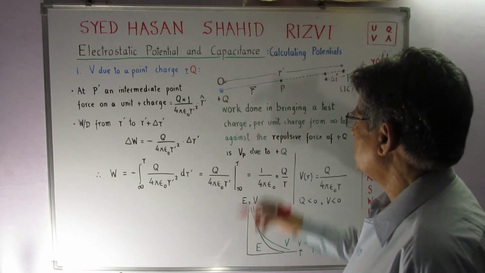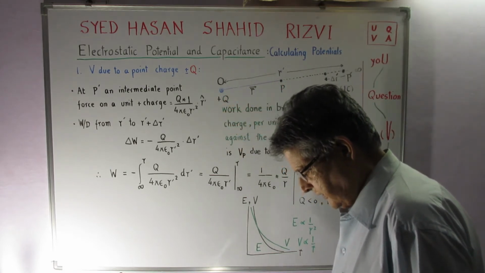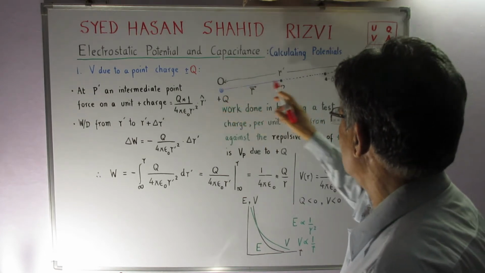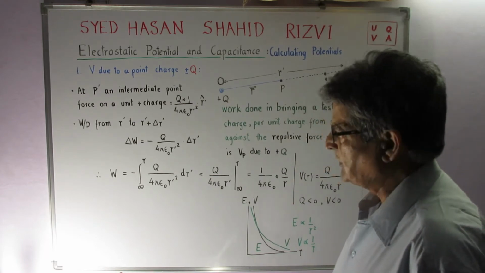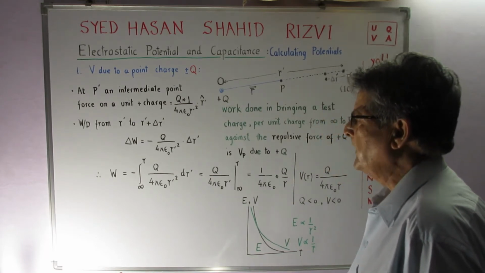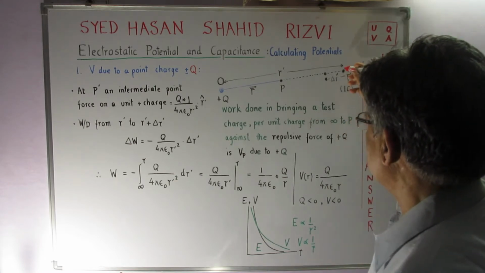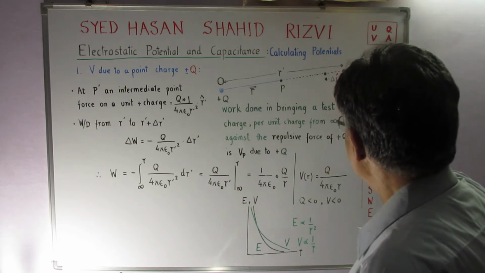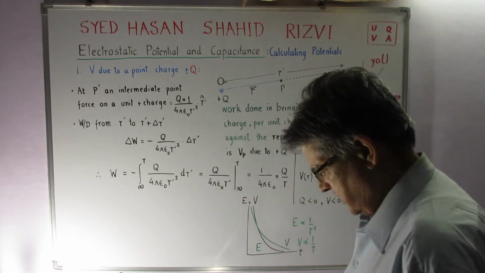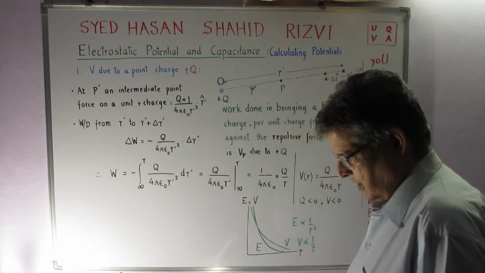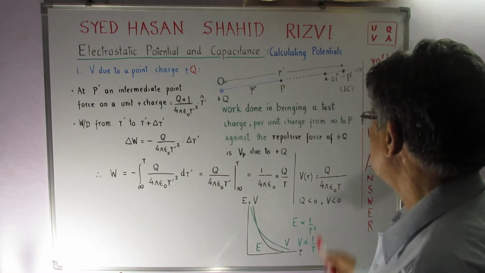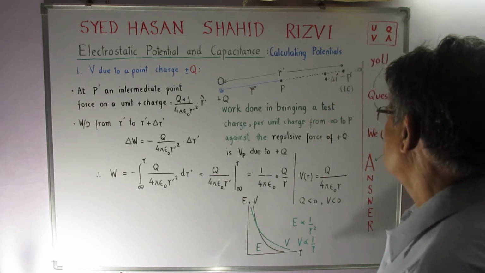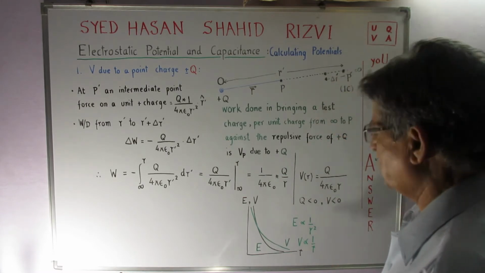From the origin to the point P, the radius vector is R, and the distance between O and P dash, which has been chosen as the intermediate point, is R dash, and a very small sector of length, which I am taking as delta R dash, at this point, coming from infinity.